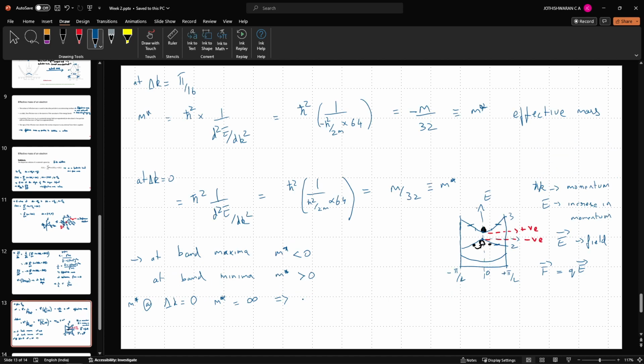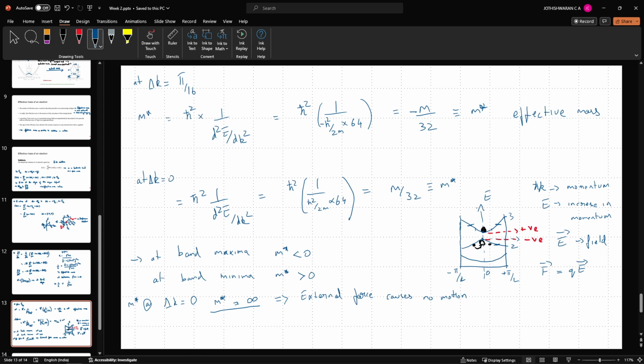This implies, I mean, if a particle is of infinite mass, no matter how much force I apply to it, it won't move. It's an immovable object, essentially. So external force causes no motion. That is what it means when we have effective mass infinite.